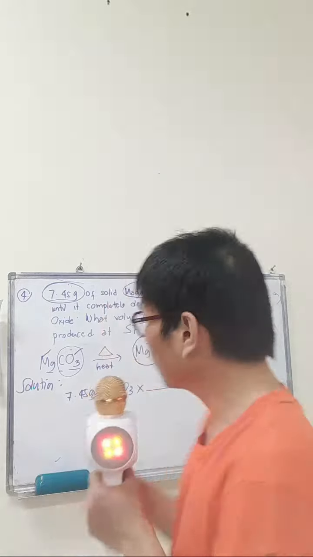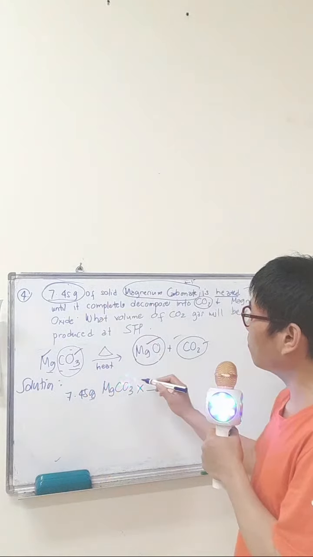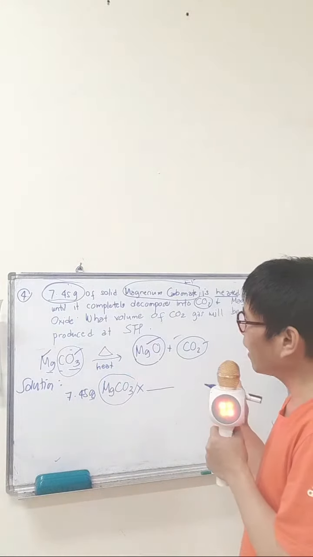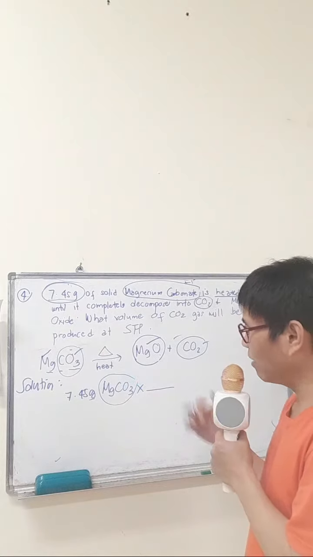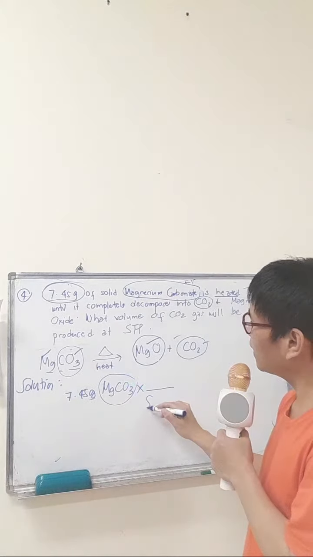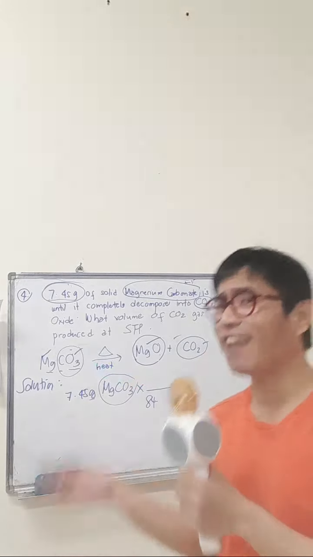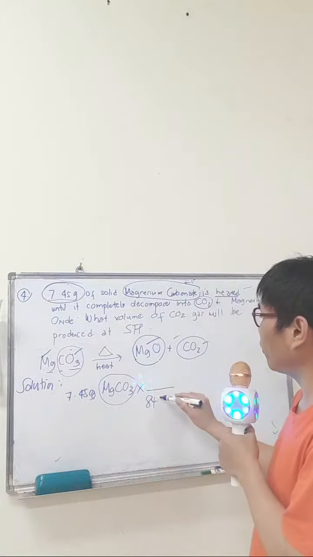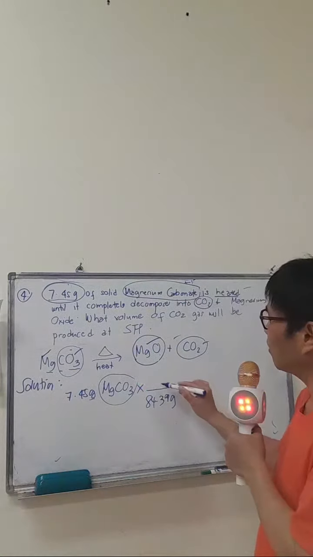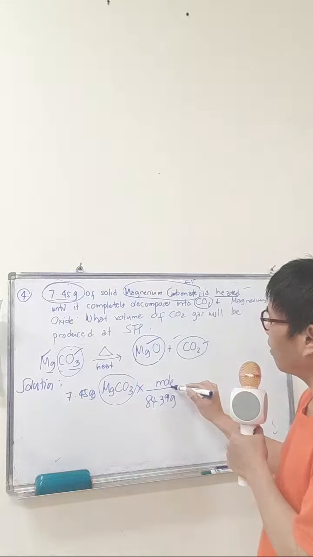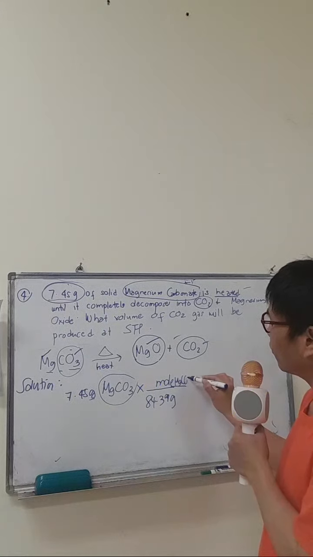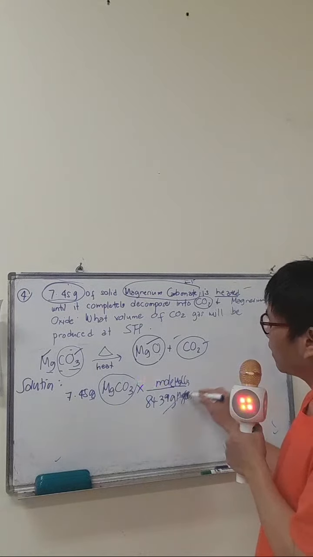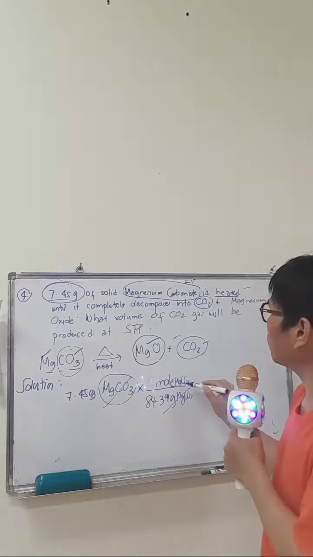Molar mass of magnesium carbonate, based on my memorization, is 84 point something. Let's say 84.39. It's not important to be exact; the important thing is we know how to solve it, right? So 84.39 grams per mole, all of it magnesium carbonate, in the numerator and the denominator. What you find is that grams will be cancelled immediately, leaving moles of magnesium carbonate.